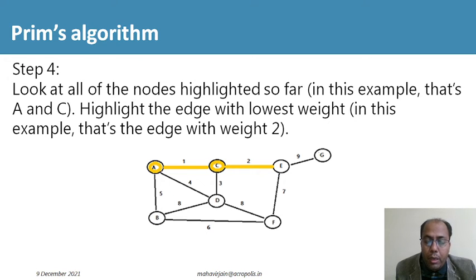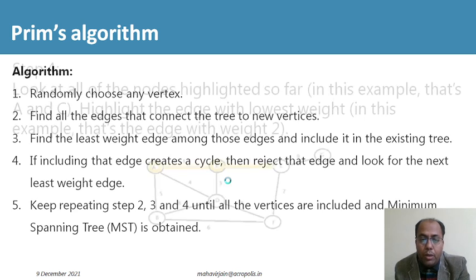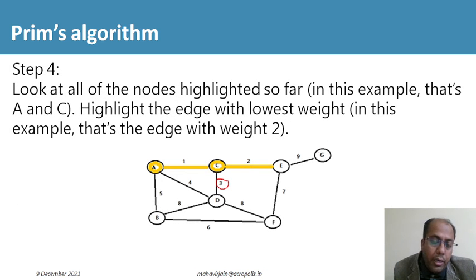We have some vertices adjacent to A, some adjacent to C, and some adjacent to E. Among all of them, the minimum weight edge we will connect first. Here the minimum weight will be 3, so we will connect C to D. Likewise you can continue this and you will get the minimum spanning tree.